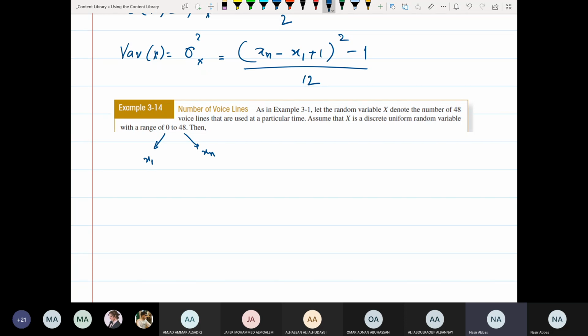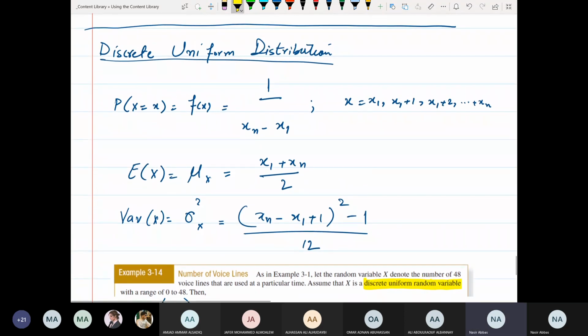That's the first thing you need to identify whenever you see the words discrete uniform random variable in the question: what is x1 and what is xn, the smallest and largest values of x. Everything depends upon x1 and xn.